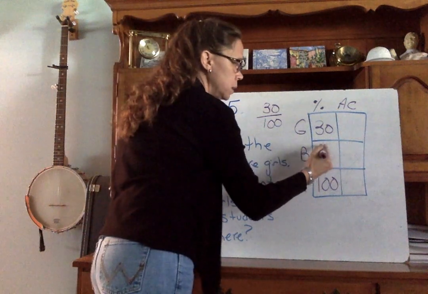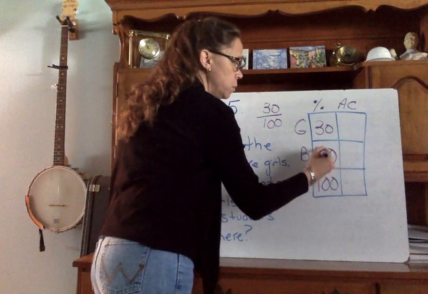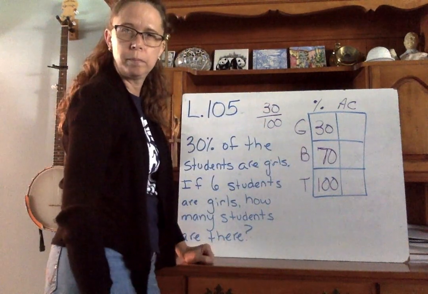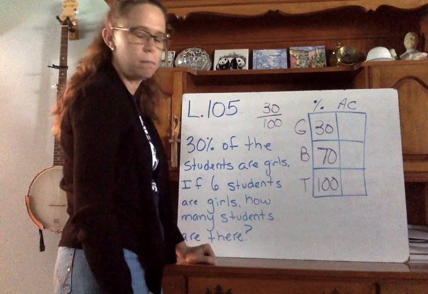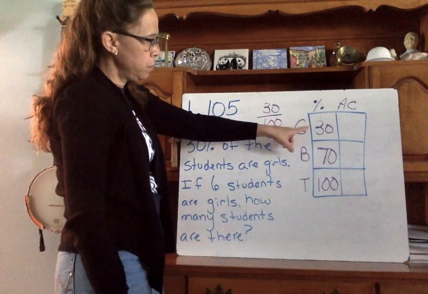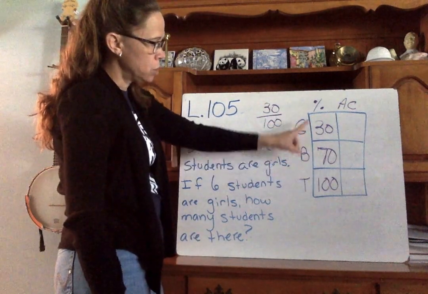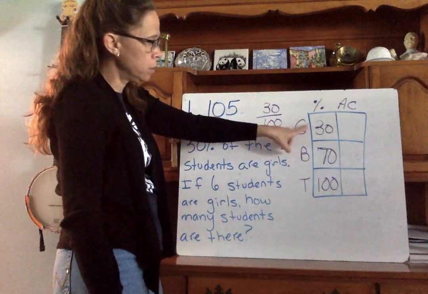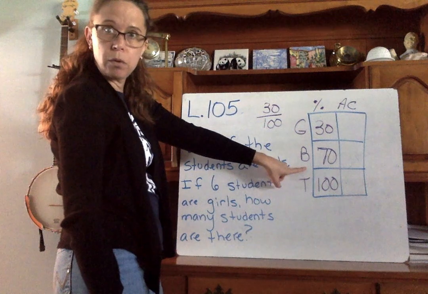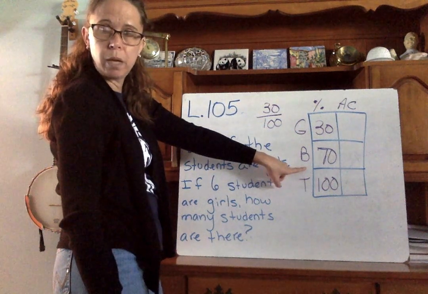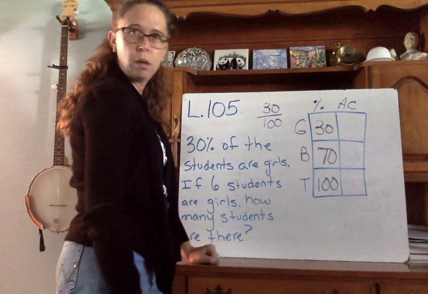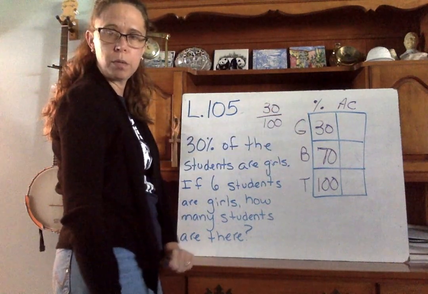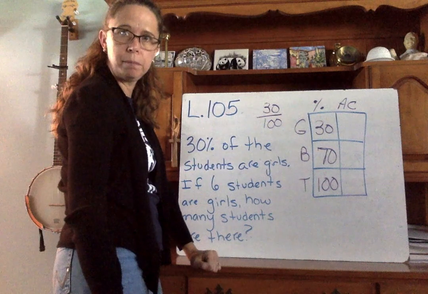That means 70% of the class must be boys, because 30 plus 70 makes 100. Okay, are you seeing how this works, guys? 30% means 30 out of 100, and if 30% are girls, then the other 70% must be the boys. That's what I kind of like about percent problems. If I know one number in the percent category, I can fill out the whole percent category.